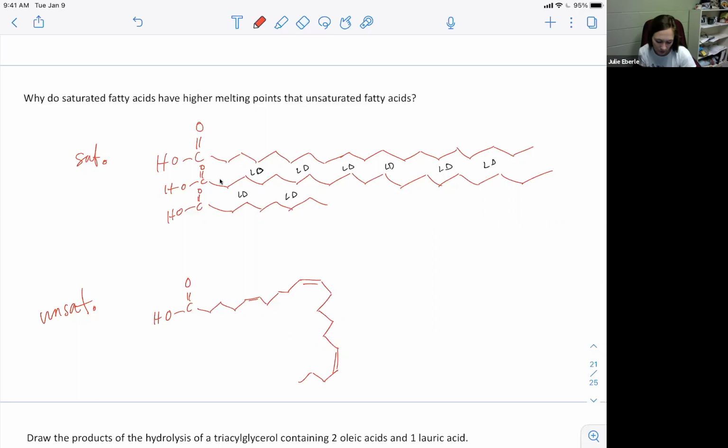All right, so the structure is completely different, and it just does not allow for this nice, compact arrangement and all the London dispersion interactions, okay? So that is what leads to a lower melting point.